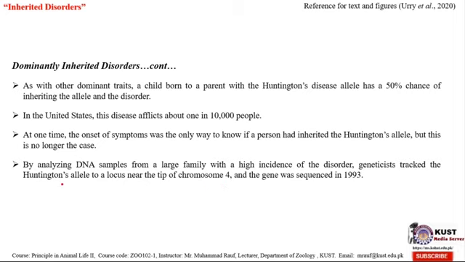The Huntington allele is present on chromosome number 4, and the gene was sequenced in 1993. Sequenced means the nucleotide sequence of that particular gene was elucidated.